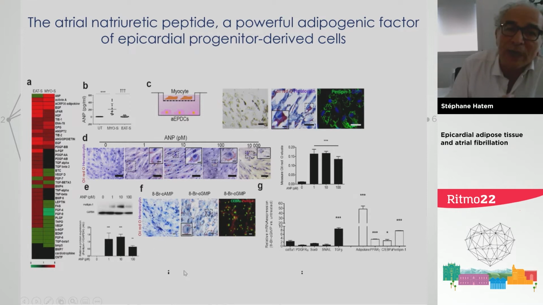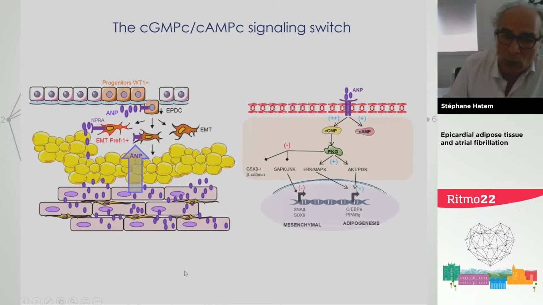It's a very potent adipogenic factor. So it looks like there is a signaling switch between the cyclic GMP and cyclic AMP signaling pathway, which is controlled by natriuretic peptide. We found a lot of this receptor in progenitor cells, and that can induce the transformation of these epicardial cells, recruited from the epicardial layer, and transit through an adipogenic differentiation.